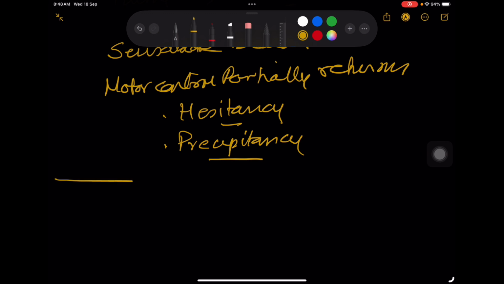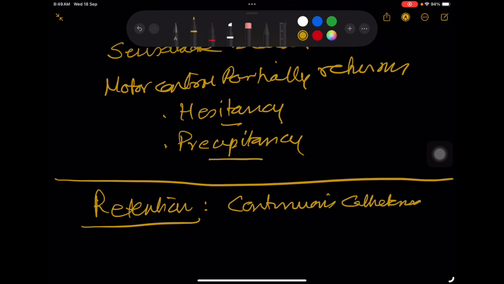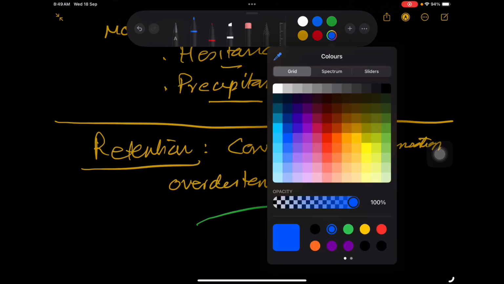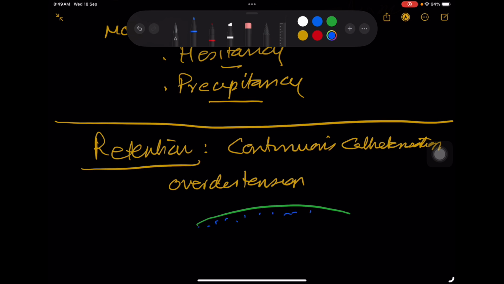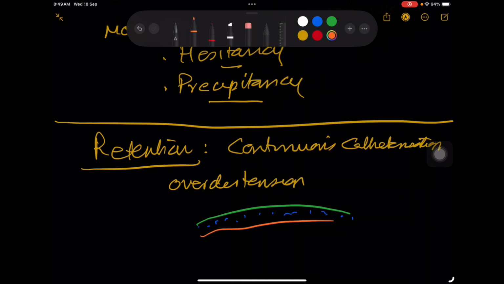Now, how do you manage it? In the retention, till you reach a proper place, continuous catheterization is important, because otherwise, because of over distension, the veins, these are the veins between the fascia transversalis and the bladder muscle, will get clogged.